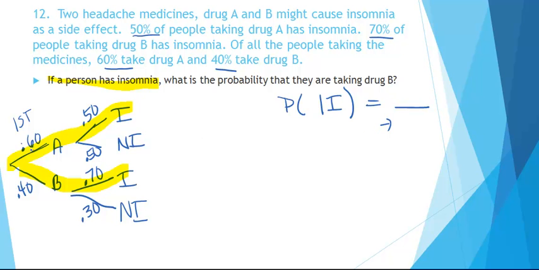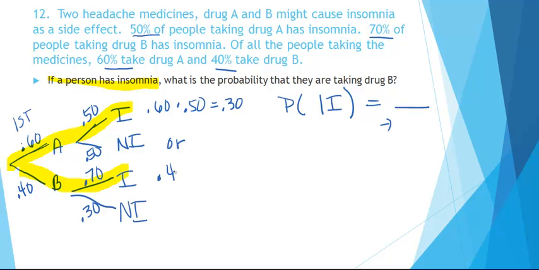So if they take medication A and they have insomnia, it's 0.60 times 0.50, which equals 0.30. Or the other way they can have insomnia is if they take medication B and have insomnia.